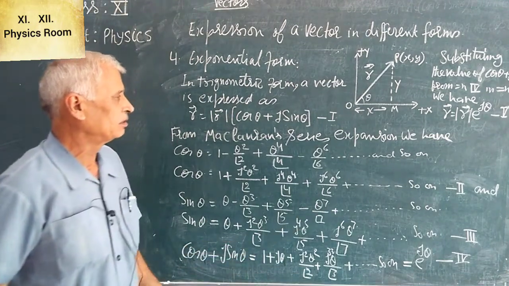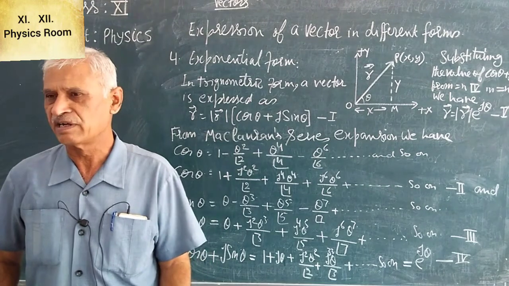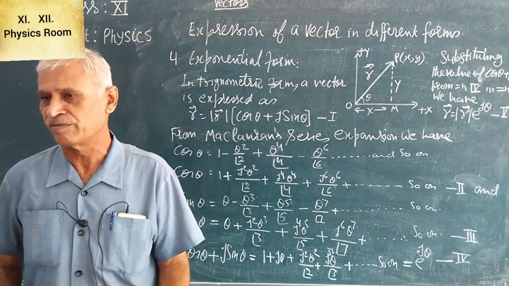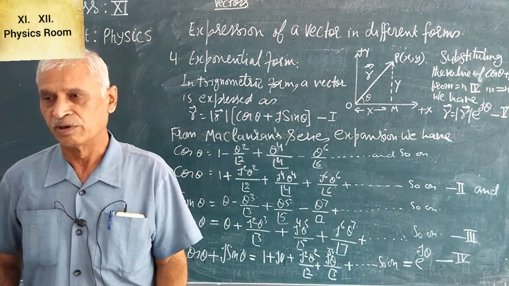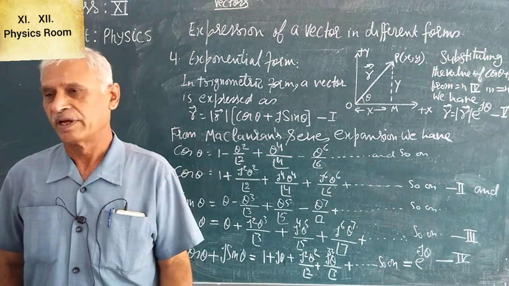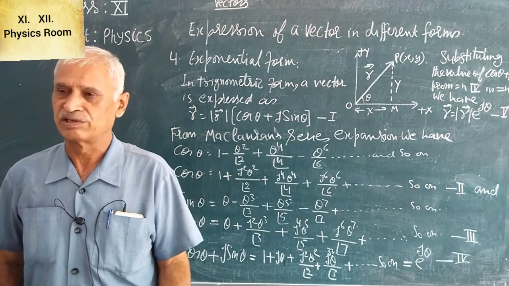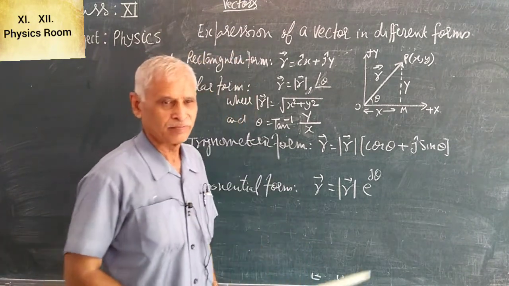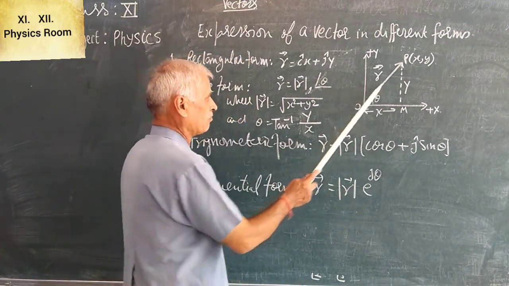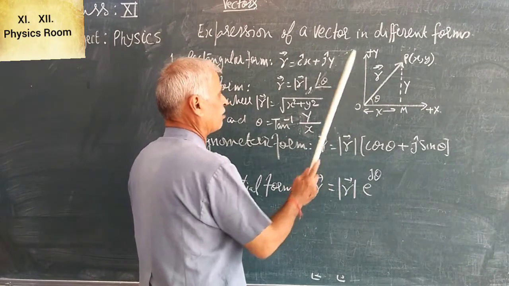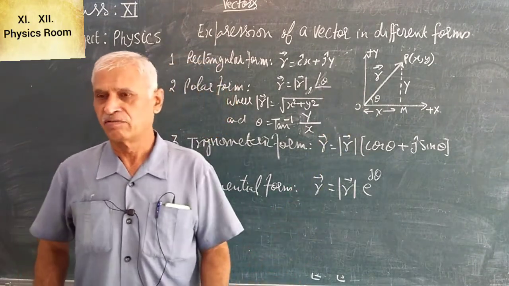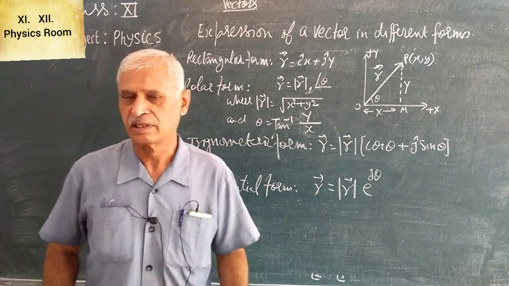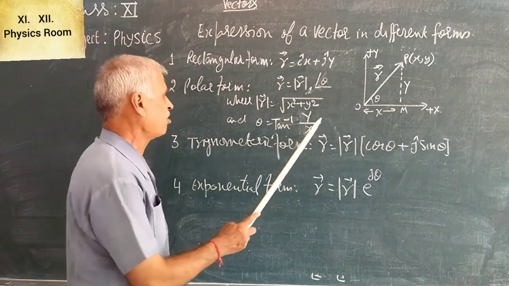So we have taken up all the 4 different forms of a vector: rectangular form, polar form, trigonometric form, and exponential form. We arrive at the conclusion that a vector r in the xy plane can be expressed in 4 different forms. It is the same vector which can be expressed in 4 different forms.